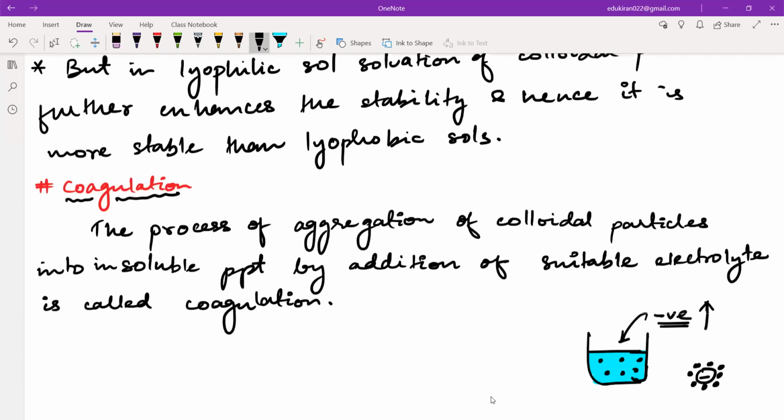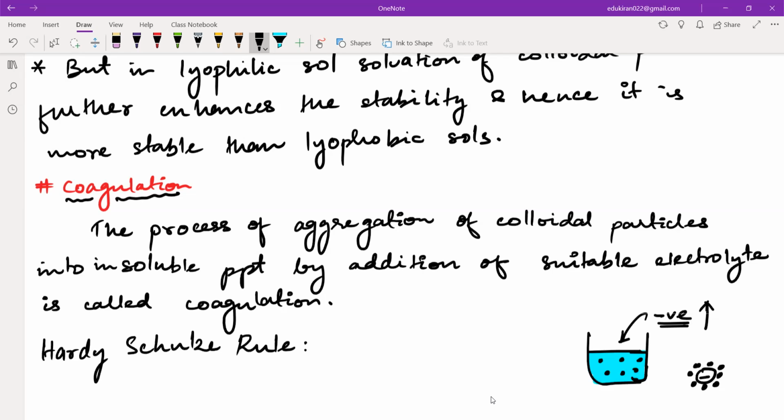If I have some ions, let us say Cl negative, and I compare this to, let us say, O2 negative, obviously O2 negative will have a higher coagulation power because it is more negatively charged, and these positive particles will be attracted more effectively. This is known as the Hardy-Schulze rule.